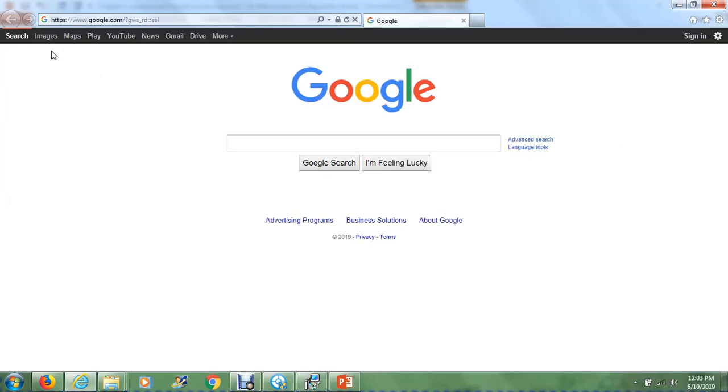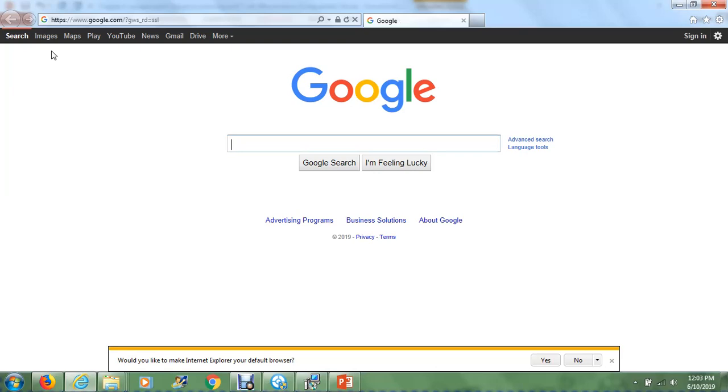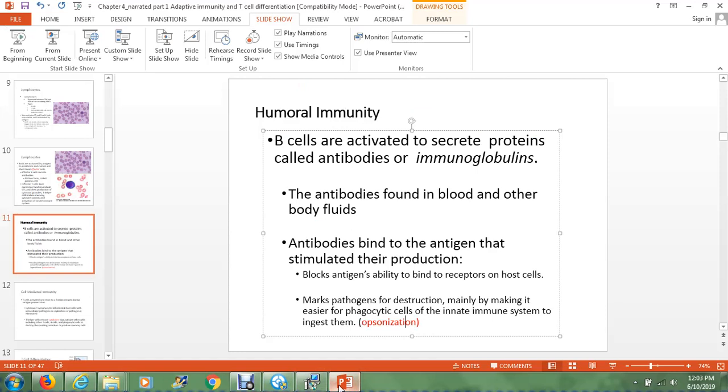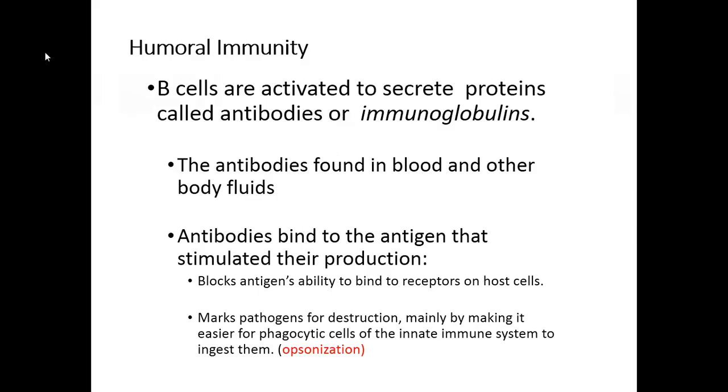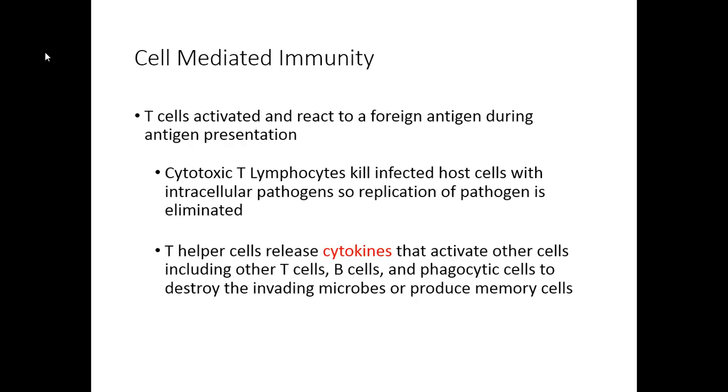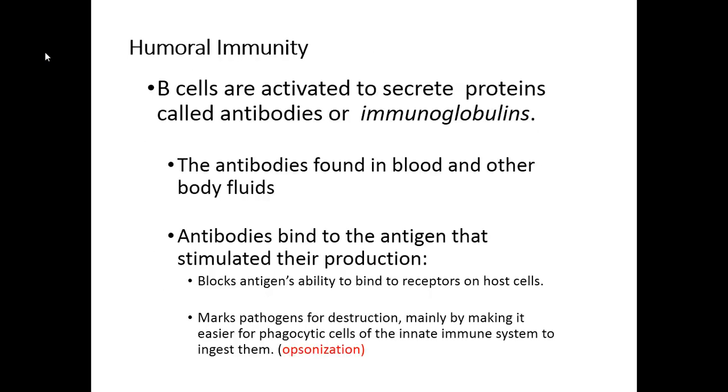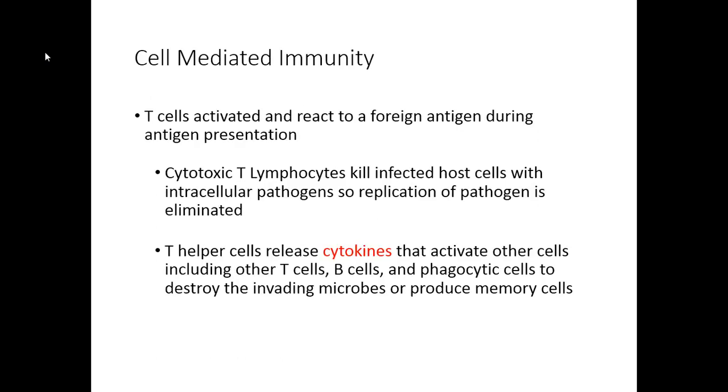And so opsonization just enhances the ability for phagocytes to see the pathogen. They can find the antibody. So that was the humoral immune system, the B cell system, and what happens when antibodies and antigens bind together.